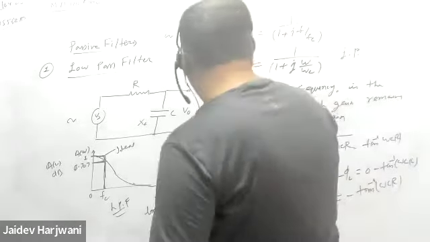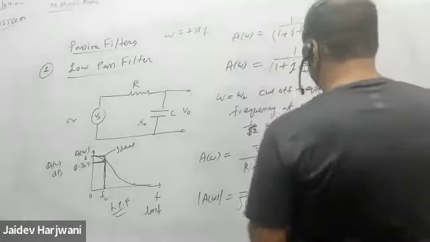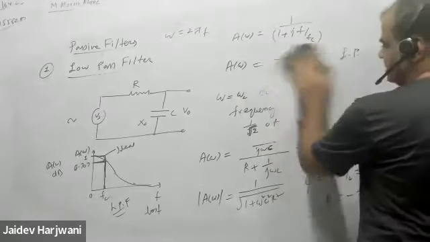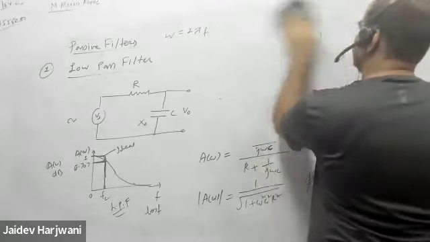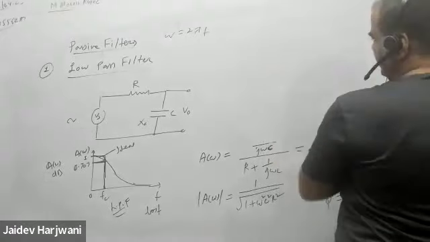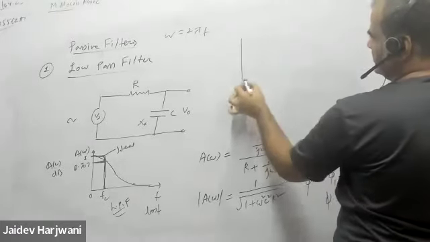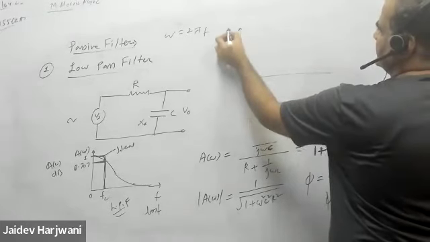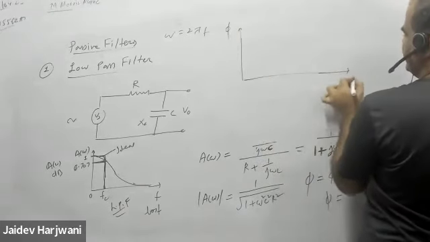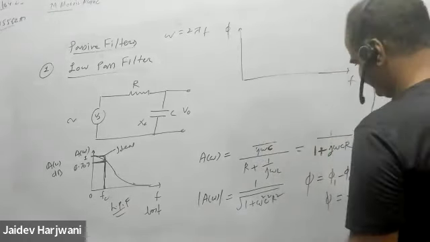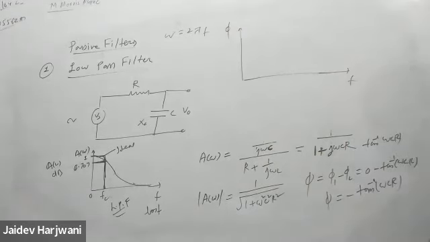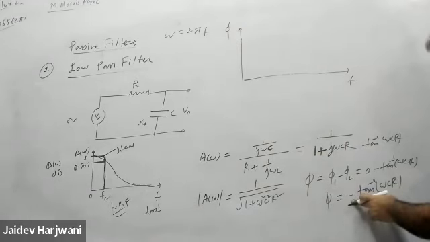Similarly, if I now look at how the phase changes with frequency, and plot phi versus frequency: if frequency is infinite, tan inverse of infinity is 90, so minus pi by 2.